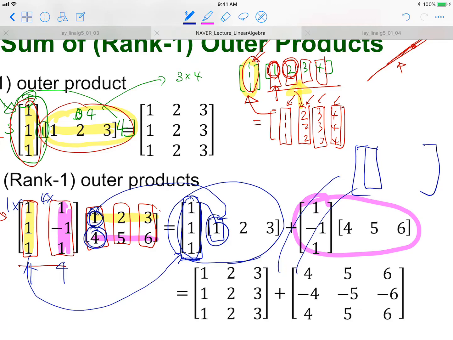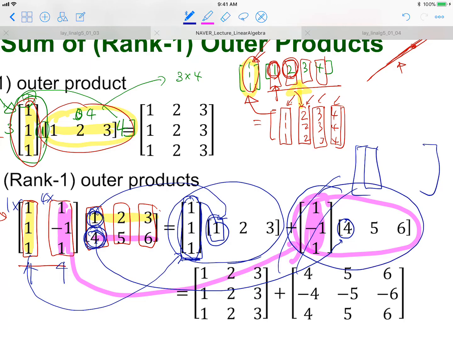And then in this case, we have the second column vector here, right? And then we bring this guy here, okay? And then what is this matrix? So this matrix will still form the exact same size of the resulting matrix.